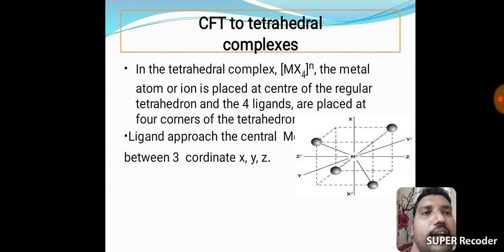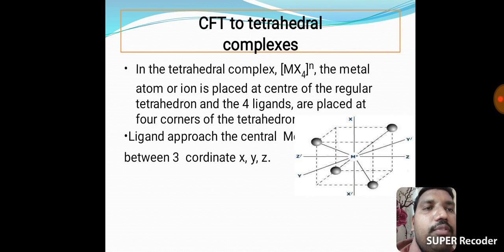MX4 is nothing but, where M is the central metal atom, X is the ligand. The ligands are attached to the central metal atom at four corners. In tetrahedral geometry, there are 4 corners.